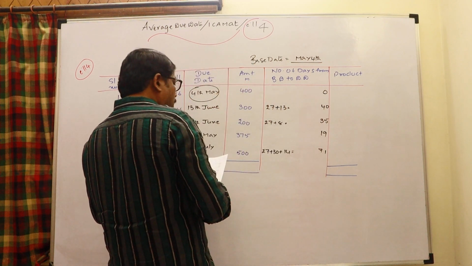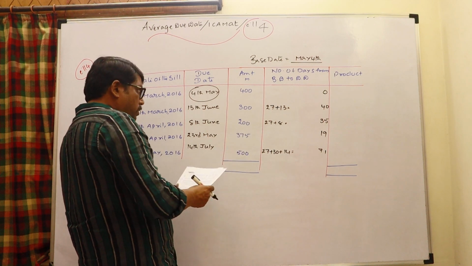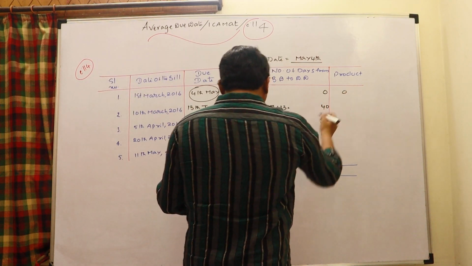Now multiply the amount and the number of days to get the product. Here the first product is 0.